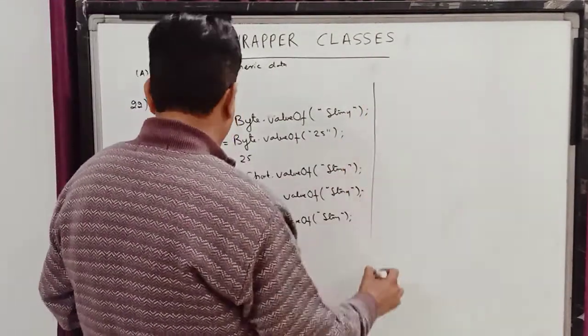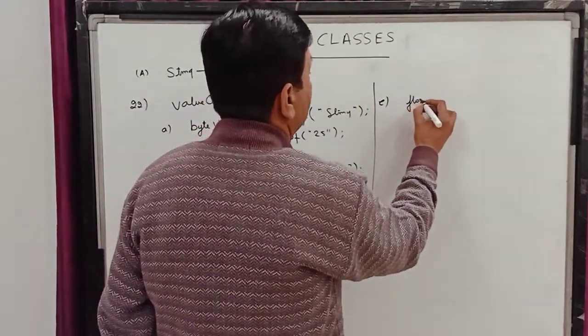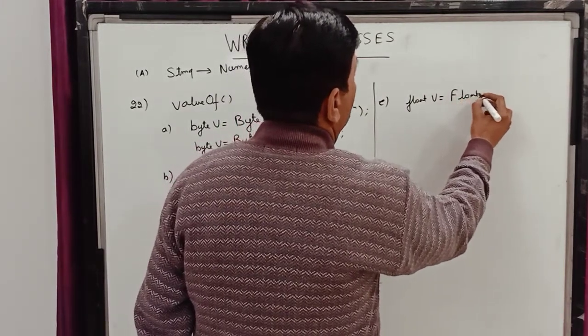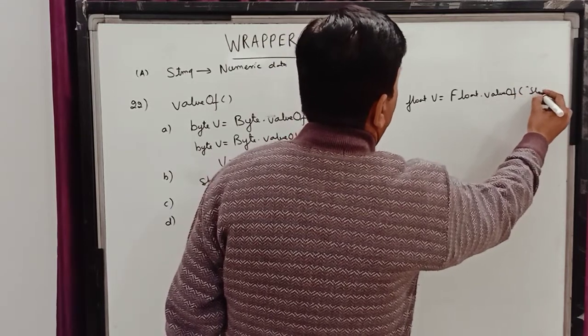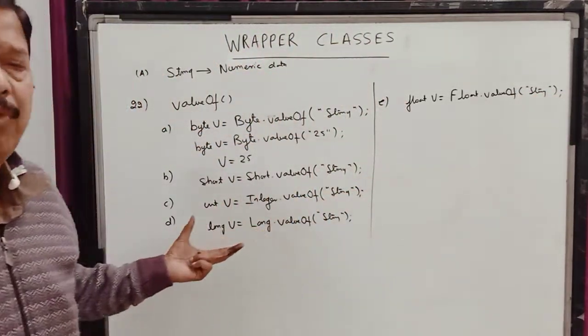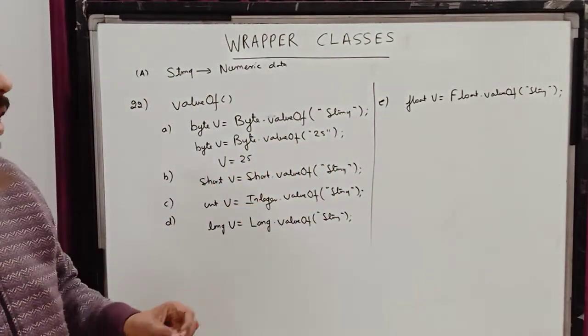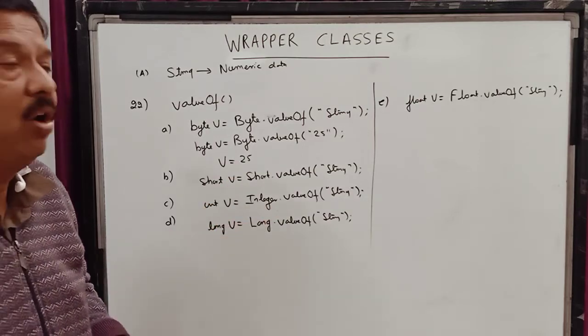And we have two more, that is e, to convert into float: float v is equal to Float.valueOf string. It is going to convert my string number into float data type. And, children, these formats you must know, and they will be asked in the paper and you will be asked to give the outputs.